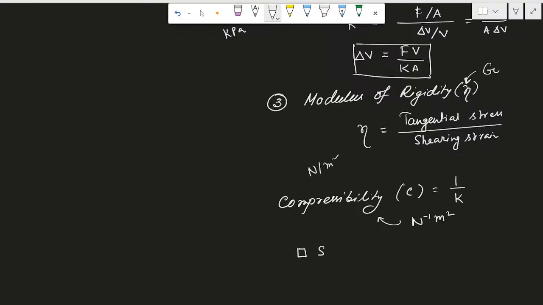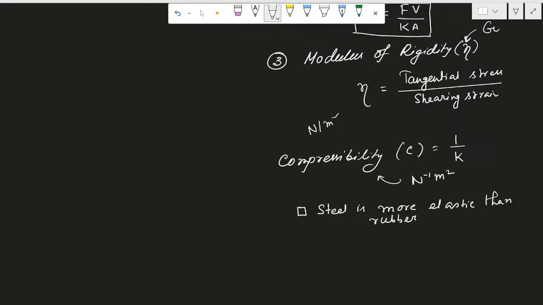Now you make it clear: steel is more elastic than rubber, solids are more elastic, and gases are least elastic.